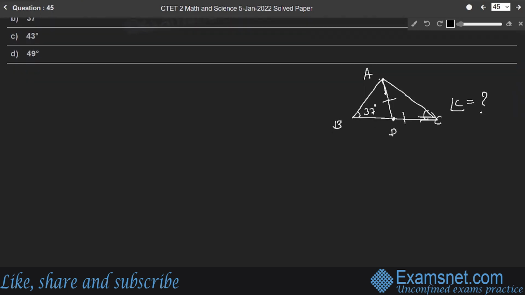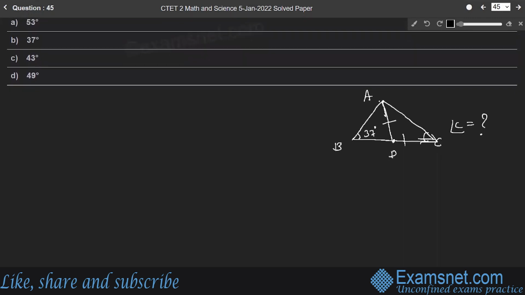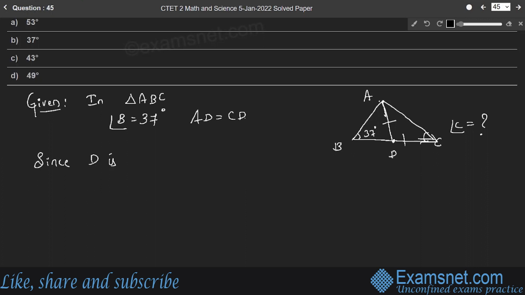So here, given in triangle ABC, angle B is 37 degree. AD is equal to CD. So, since D is the midpoint of BC, BD is equal to DC or CD.